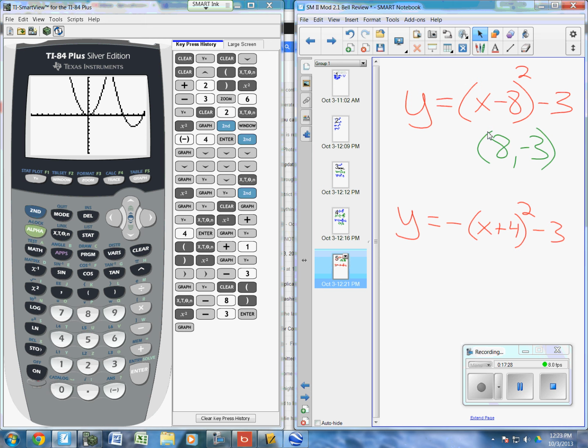Where is the vertex going to be? All right. I'm going to ask Alex. He thinks it's going to be at 4 negative 3. Is that what you said? Raise your hand if you agree with him. At 4 negative 3?